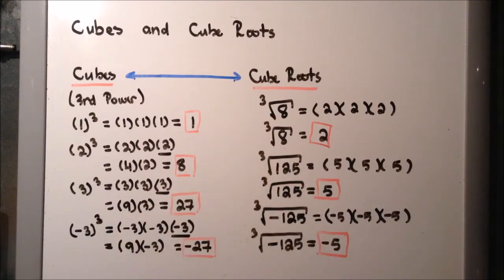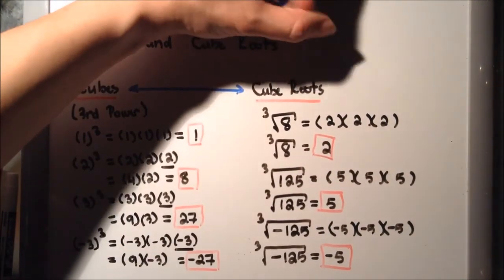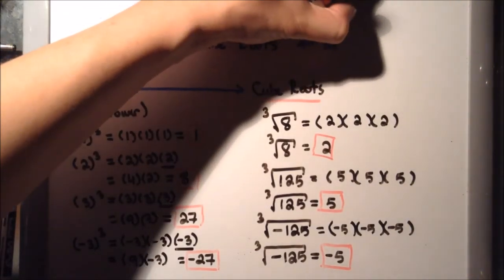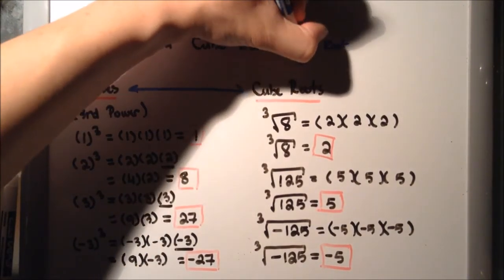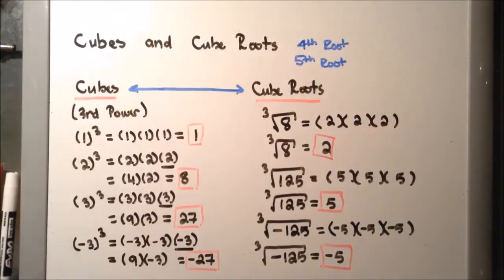And then there's something you should remember. Cube roots and square roots are the first two. Now there are going to be more, such as the fourth root, the fifth root, and so on.